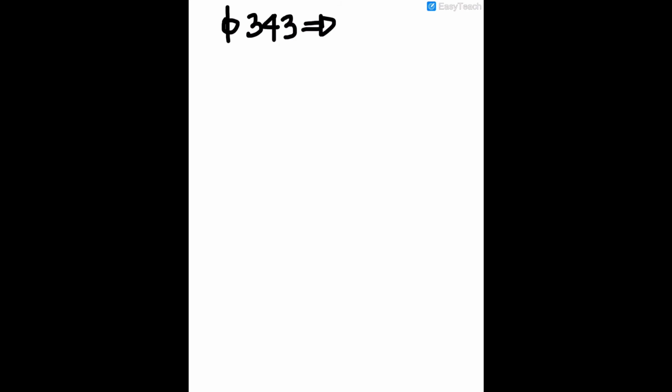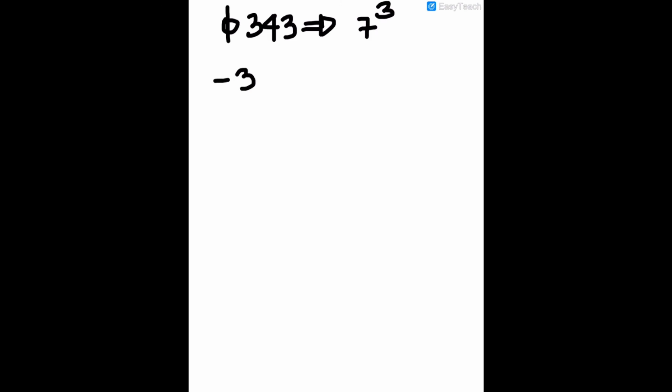Next example, we have phi of 343. The prime factorization of 343 is 7 raised to 3, or 7 cubed. So first step is to know the value of m. The value of m is the original number, which is 343.